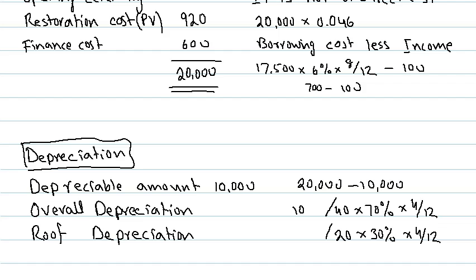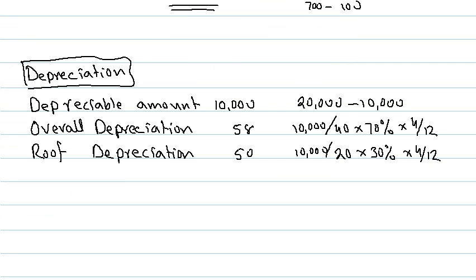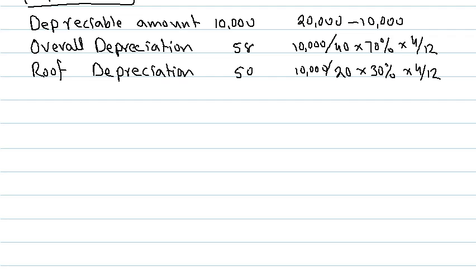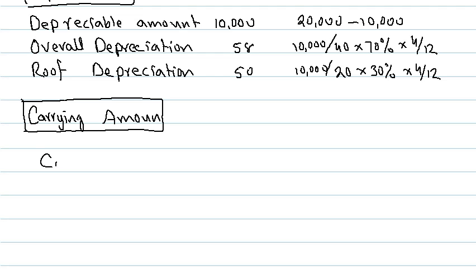Overall depreciation is the result of all this would be 58, and for the roof this is 50. Let's have our final calculation, which is carrying amount. Cost 20,000. See above.